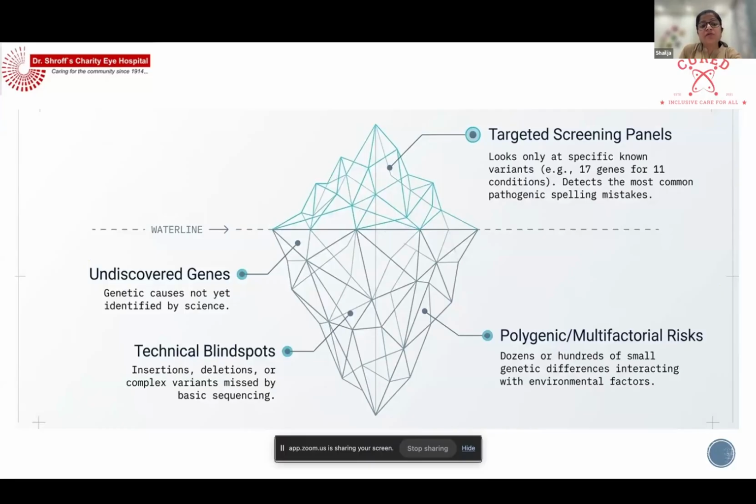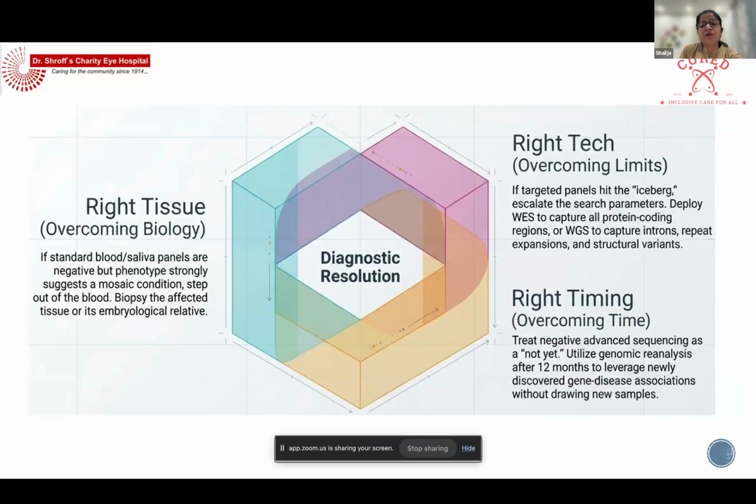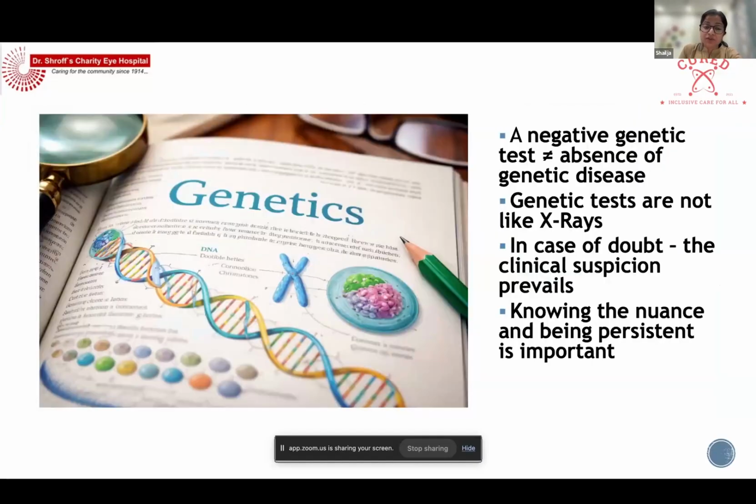So you have to have the right tissue, you have to have the right tech, knowing the limitations of each of these tests and what test to apply for which kind of disease, and also the right timing. So a negative test does not mean absence of a genetic disease. Genetic tests are not like x-rays, where if there is a fracture, you will see it.